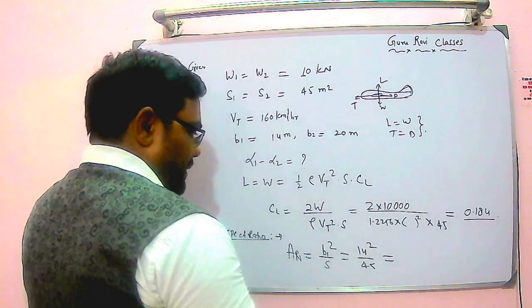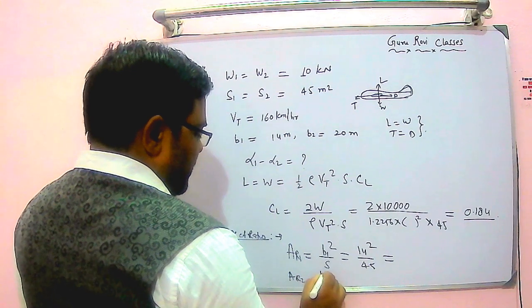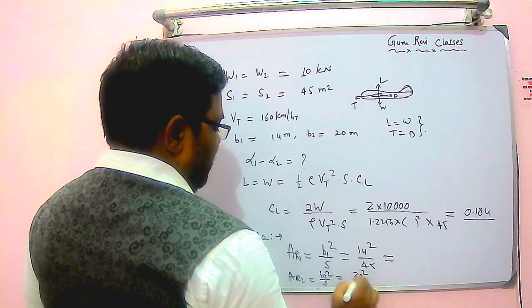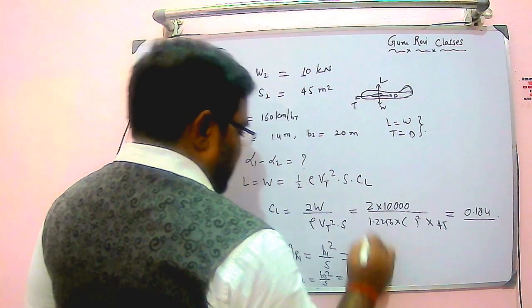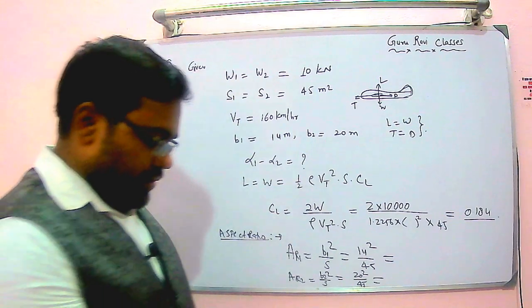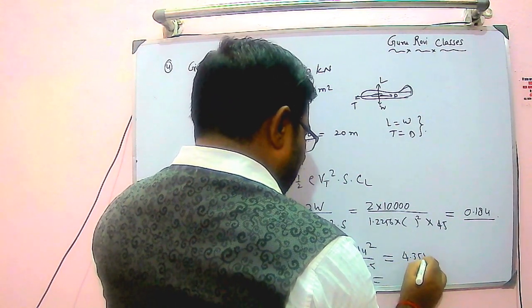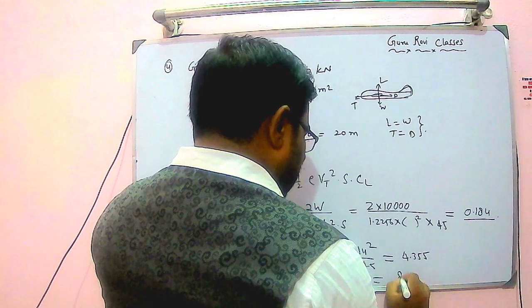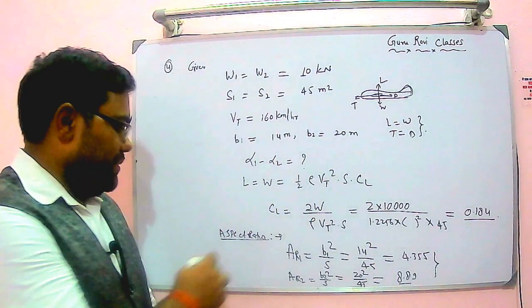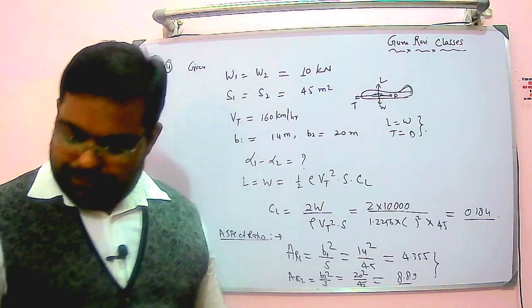Another, aspect ratio 2, is b2 square divided by S. So b2 is 20 square divided by 45. Just use the calculator and put the value. I will give you the direct value. So aspect ratio 1 is coming around 4.355 and aspect ratio 2 is coming 8.89. So I got two aspect ratios, right, for two different aircraft.